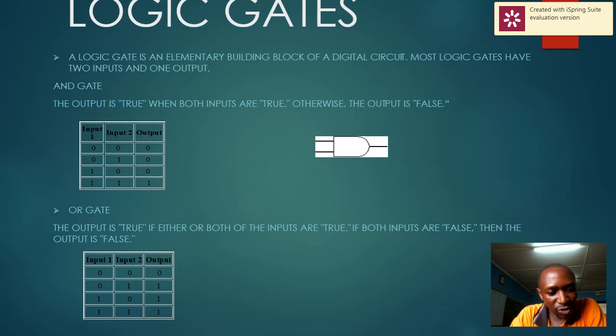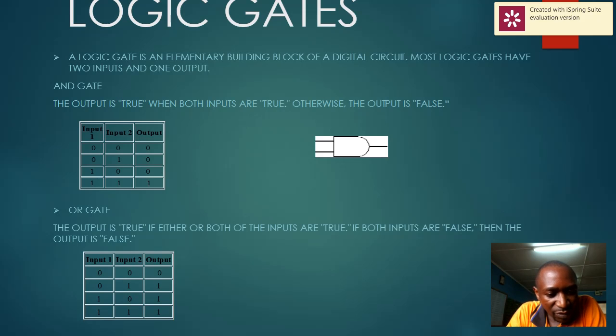The second row shows input 1 as 0, input 2 as 1. Looking at the rule, the output is true if either input is true. In this case, in input 2 there is a true input, so it qualifies to be a true output. So we have output as true. Thirdly, on the third row, we have input 1 as a true input, meaning the output would be true.